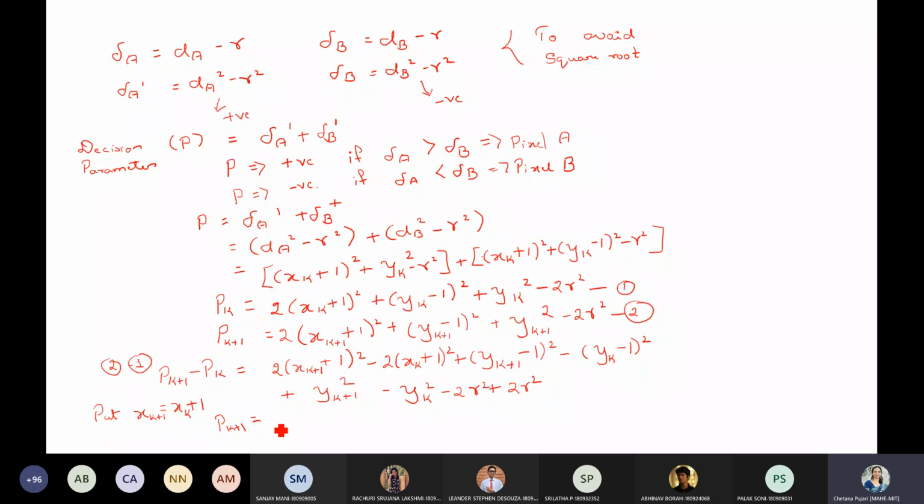So pk plus 1 will be equal to pk plus 4xk plus 2 into (yk plus 1) whole square minus yk square minus 2 into (yk plus 1 minus y) plus 6.